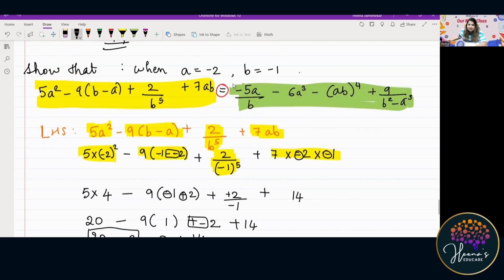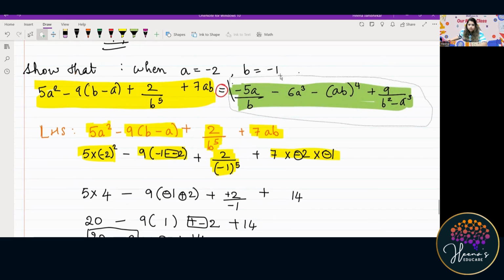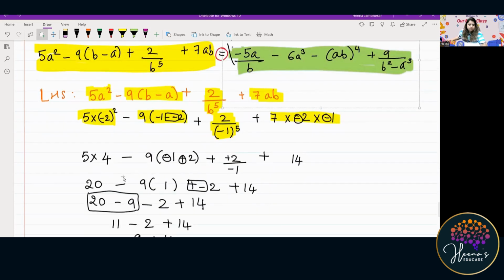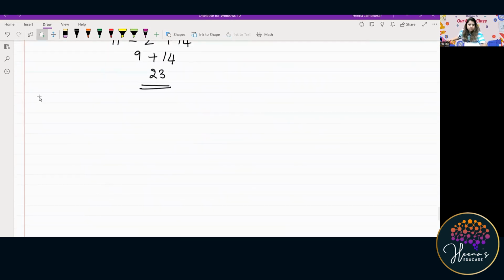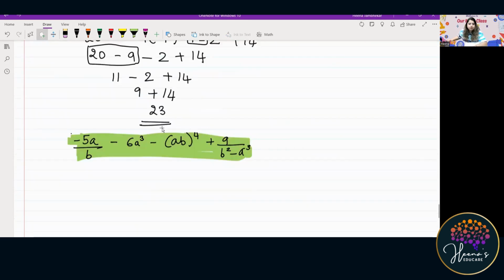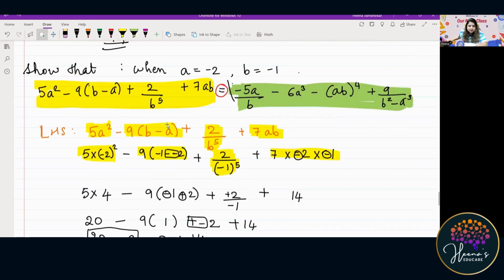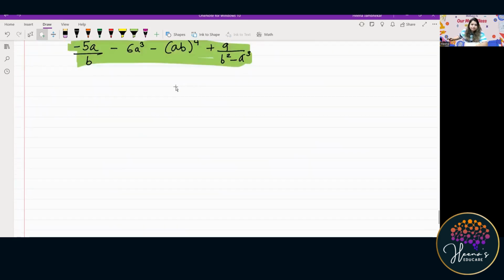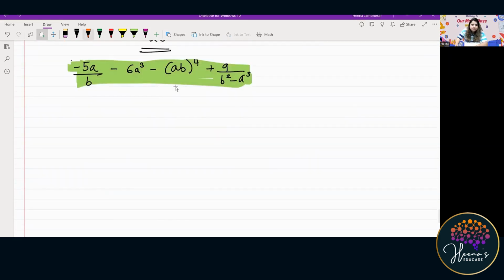Let us move on to the right hand side now. Just try to copy this. Hold on. Here you go. Now your A is -2, B is -1. Let's start.